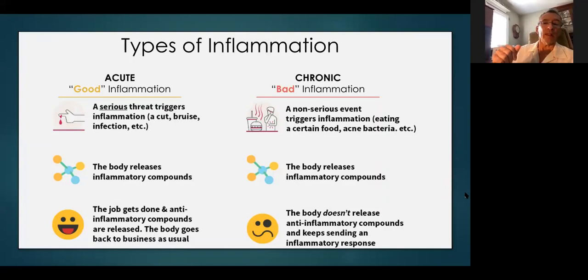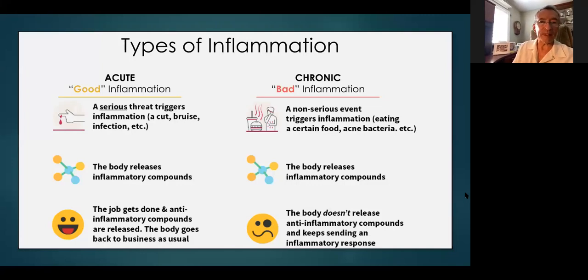And this results in the removal of the threat, the neutralization of the threat. At that point, the inflammatory sequence is stopped, an anti-inflammatory sequence is initiated, the healing is completed, and you go back to normal.